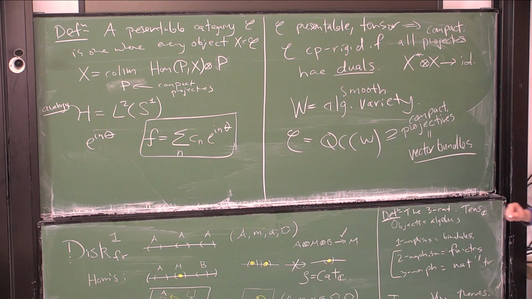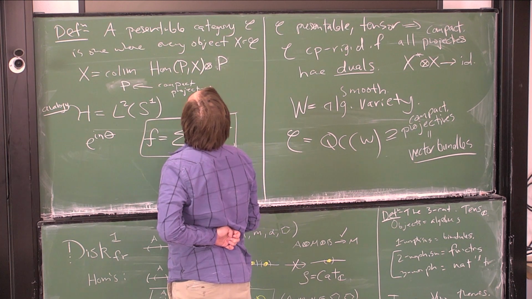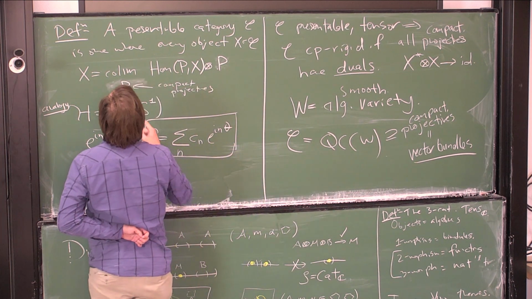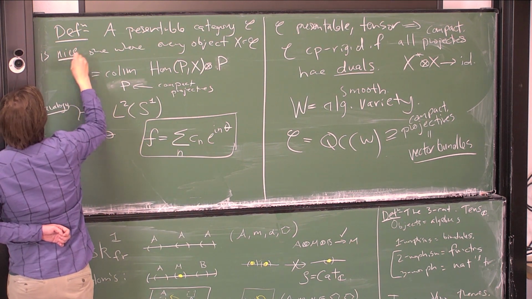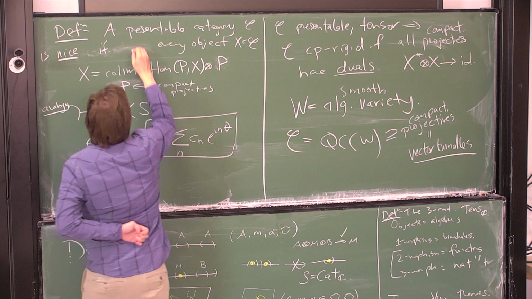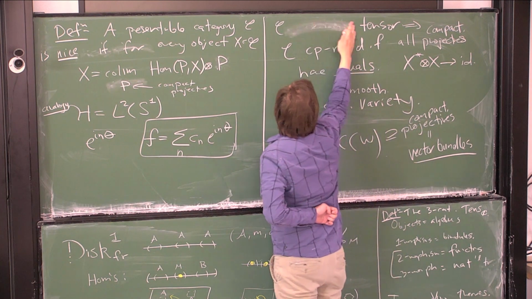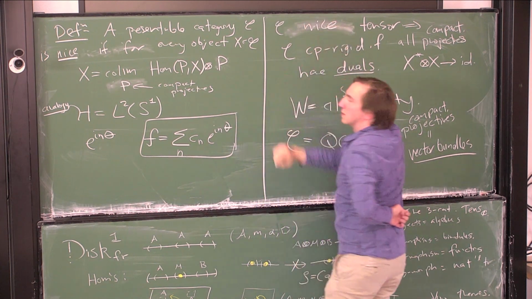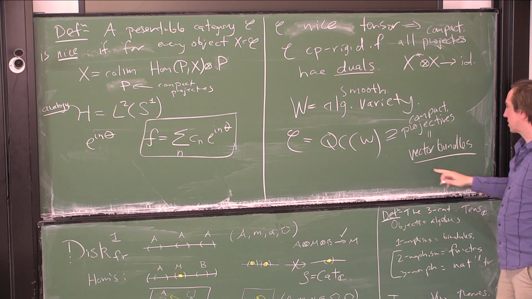This is compactly generated, yeah, that's right. Nice. If for every object in C, sorry, yes, of course, you're right. And then C, a nice tensor category. There's a technical word, it's a presheaf category. Okay, thanks for all the corrections, that's important.